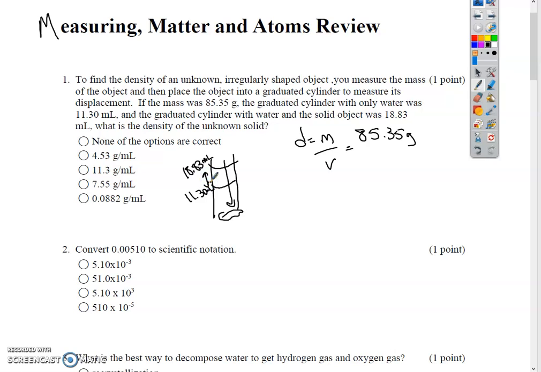And really all you have to do is take the difference between those two numbers. And that difference ends up being 7.53 milliliters. And that's what we put in the equation. So now when you do 85.35 grams divided by 7.53 milliliters, you get the density of the object, which I believe comes out to be 11.3.